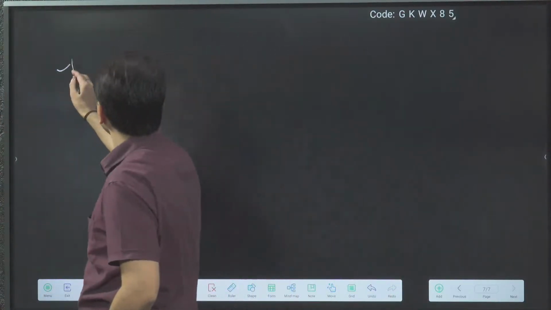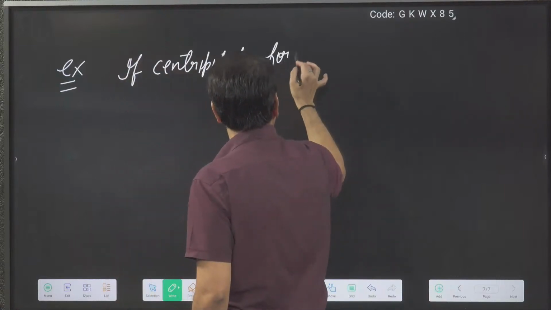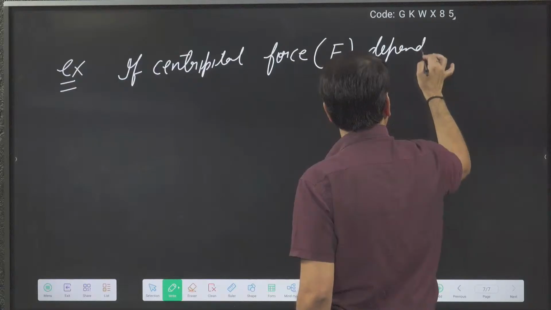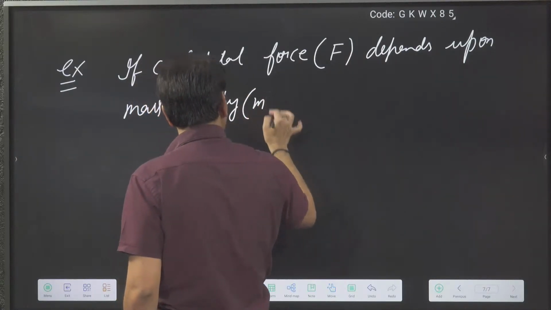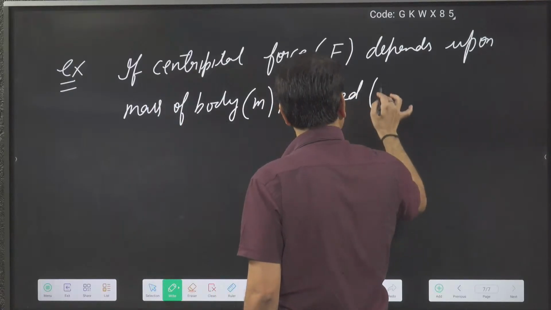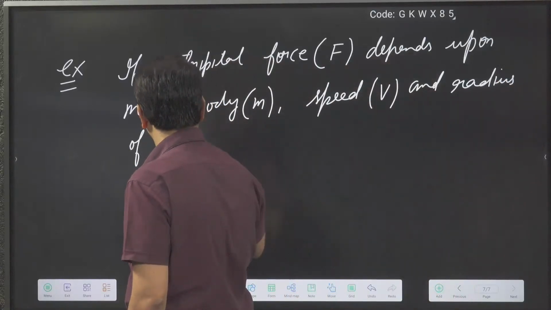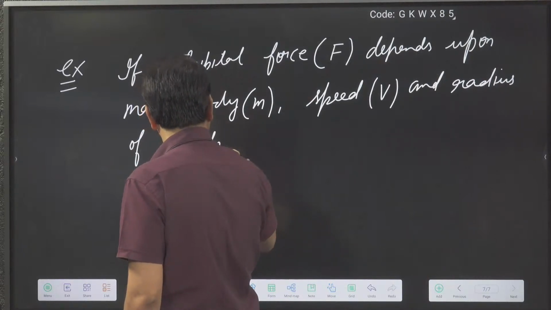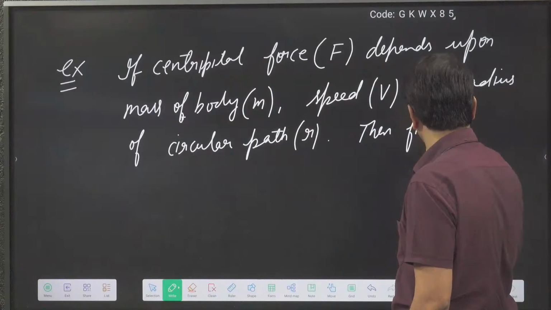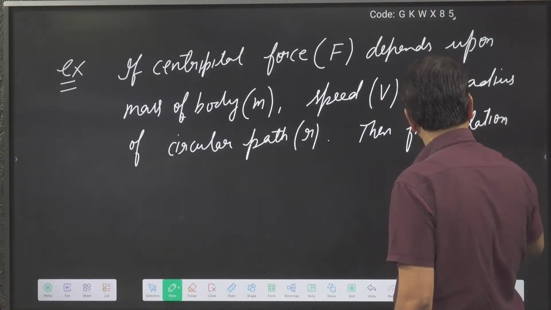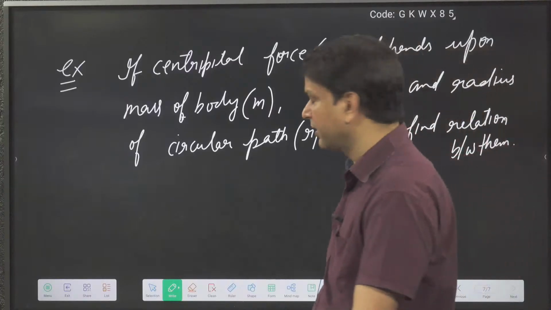For example, if centripetal force F depends upon the mass of the body m, speed v, and radius of the circular path r, then find the relation between them. So we have to find the relation between them.